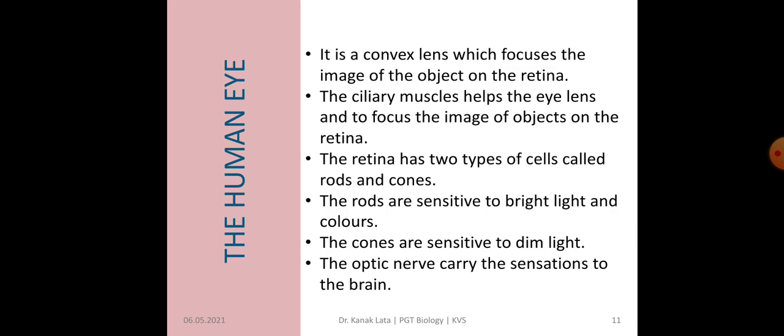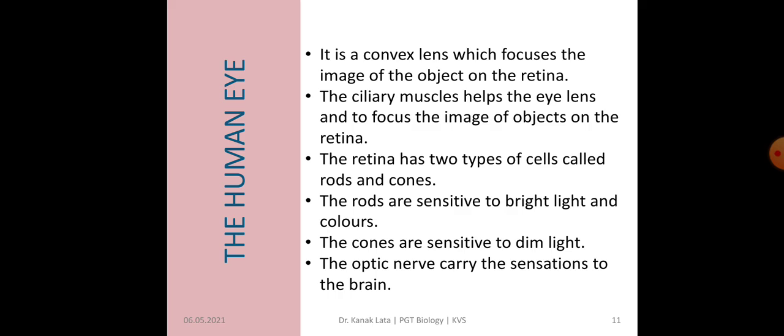There are two types of cells called rod cells and cone cells. Cone cells are sensitive to bright light, whereas rod cells are sensitive to dim light. And cone cells also sense color. At the junction of the optic nerve and the retina, there are no sensory cells.